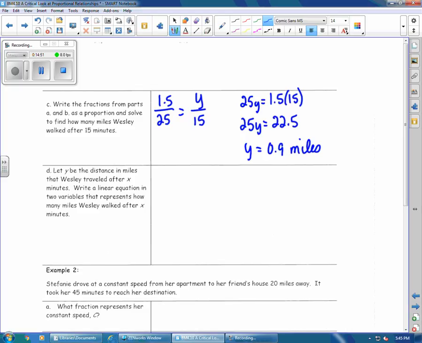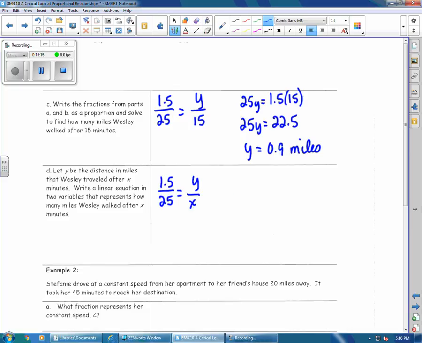So D says, let y be the distance in miles that Wesley traveled after x minutes. Write a linear equation in two variables that represents how many miles Wesley traveled or walked after x minutes. So again, it's using the same first half, 1.5 over 25. And then the second half, again, distance is y, time is x.